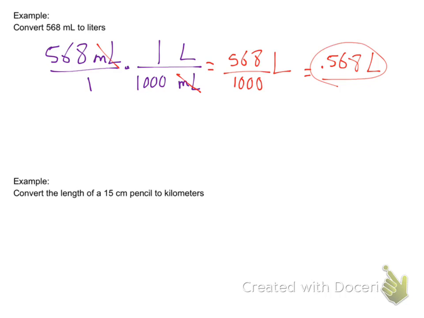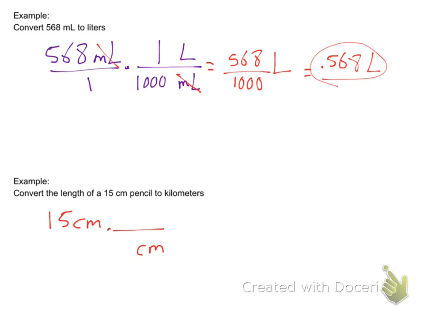I want you guys to convert 15 centimeters to kilometers. So, 15 centimeters times, I want to get rid of centimeters, so I definitely put that on the bottom. Now, most of us do not know the conversion from centimeters directly to kilometers.